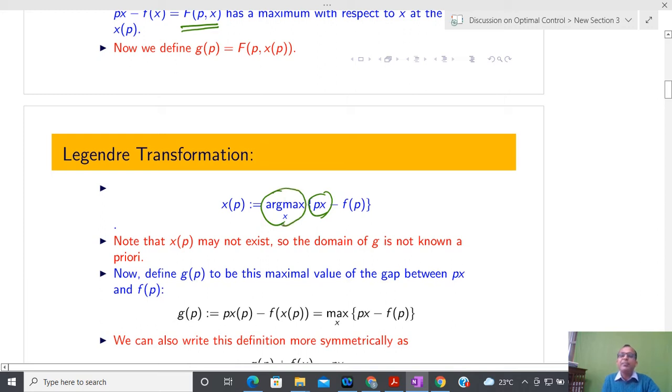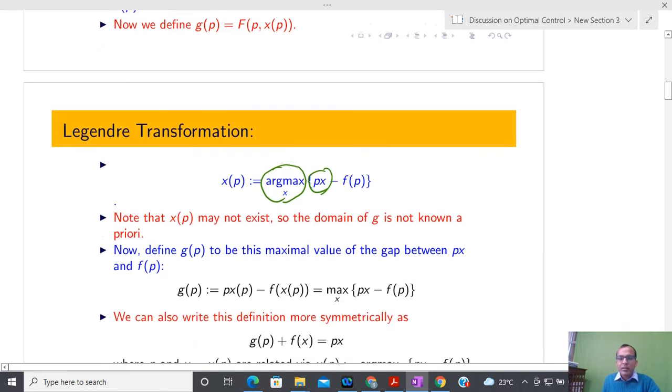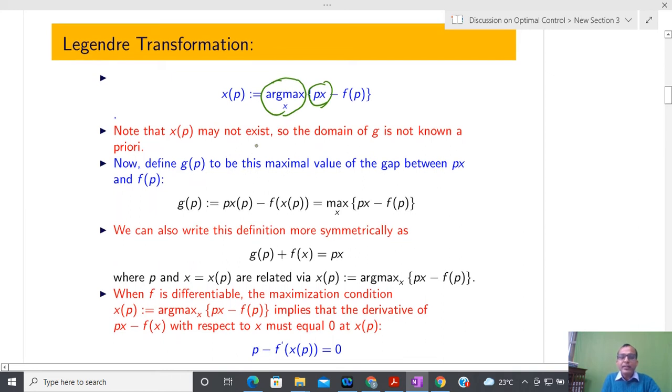So argmax and argmin are frequently used. We select those points x(p), meaning x is a function of p, where the distance between px and this curve is maximum. That is the meaning. Now I can also rewrite this: if I remove the x(p), then whatever function comes into the picture is nothing but g(p).